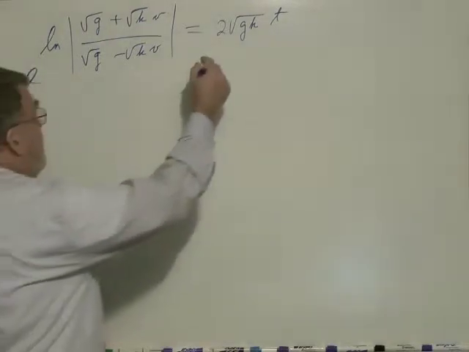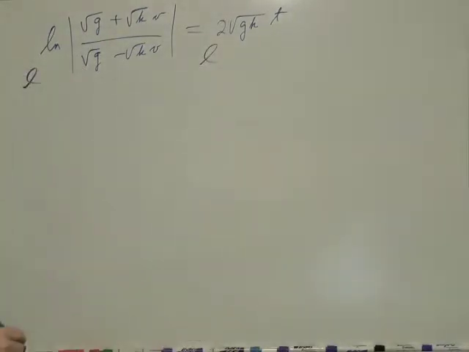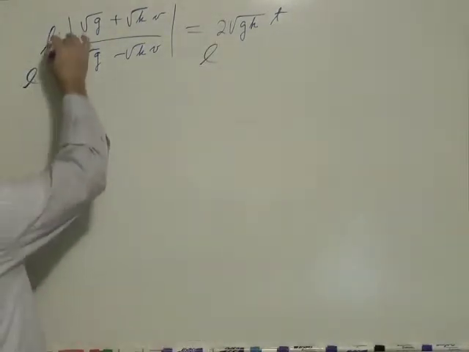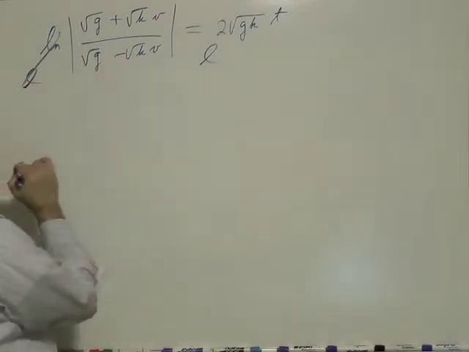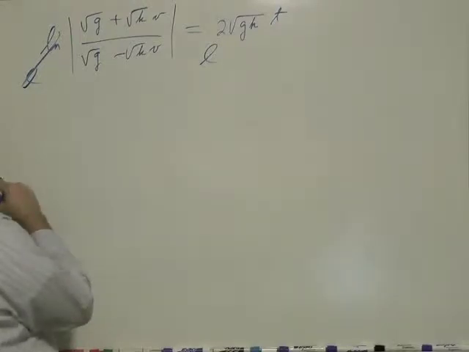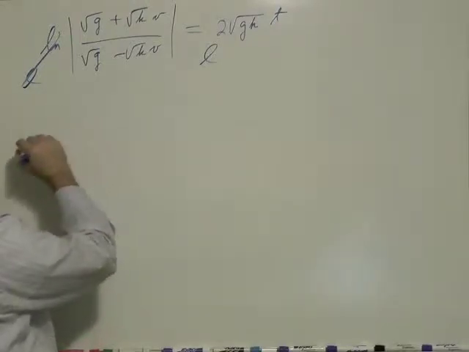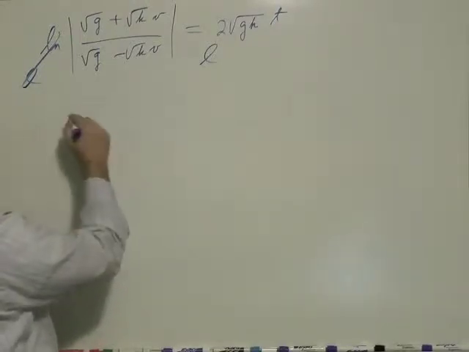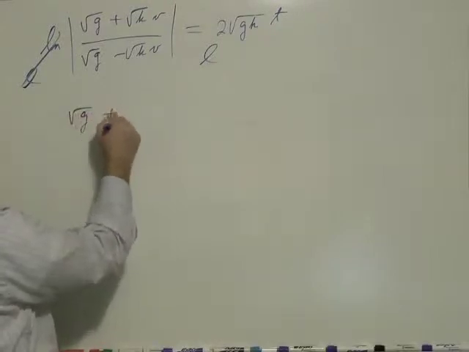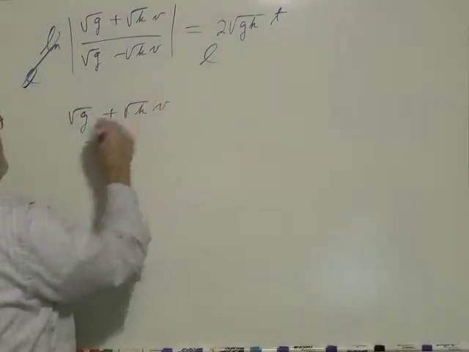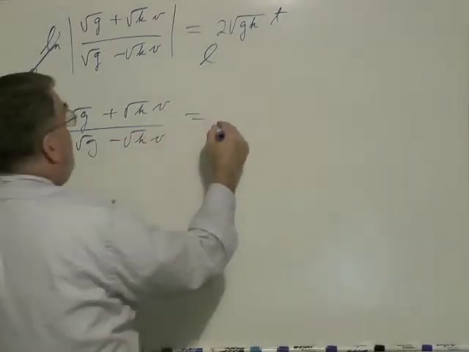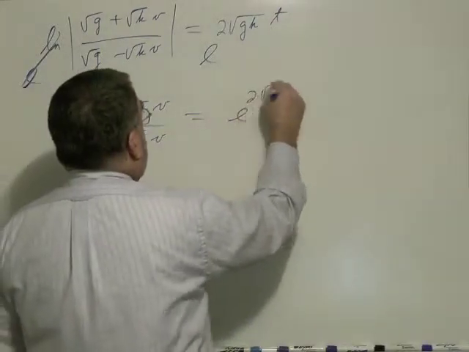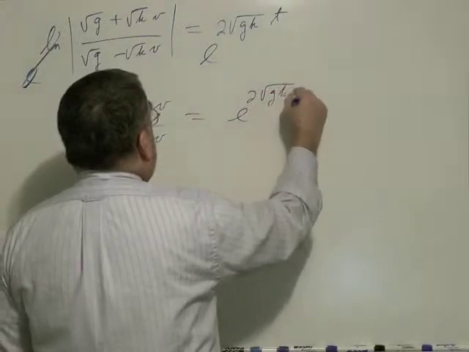And we do that by making both sides an exponent of e. And so that cancels those portions. And we no longer need the absolute value, as it turns out. I believe we don't. Anyway, we have the square root of g plus square root of k times v over the square root of g minus the square root of k times v equal to e to the 2 square roots of gk times t.